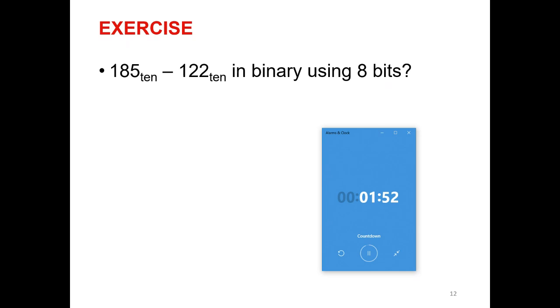Notice that those are in decimal. I want you to convert those to binary and then subtract them using 8 bits in this case. The previous example used 4 bits, so now we are going to use 8 bits. So I give you a couple of minutes.